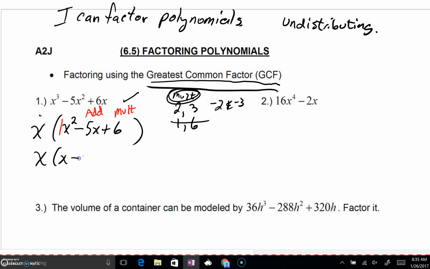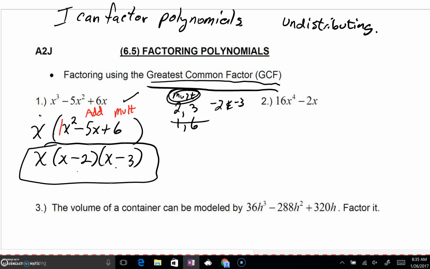And guys, that's your check: negative 2 plus negative 3 is negative 5, but just as important, negative 2 times negative 3 is positive 6. You have to check both criteria. Sometimes kids will ask, is it okay if I switch the x minus 3 and the x minus 2? Technically, you could do that. The order of these really won't matter. But we are done factoring.